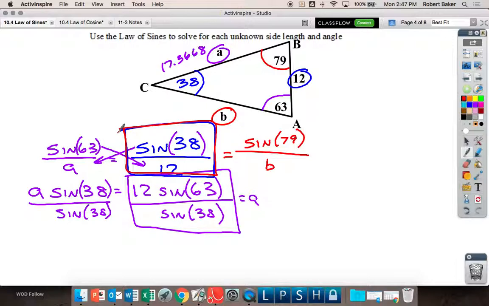Using that same blue equation but solving for a different proportion. So as you cross multiply, you get b sine 38 equals 12 sine 79. How do you get b by itself?